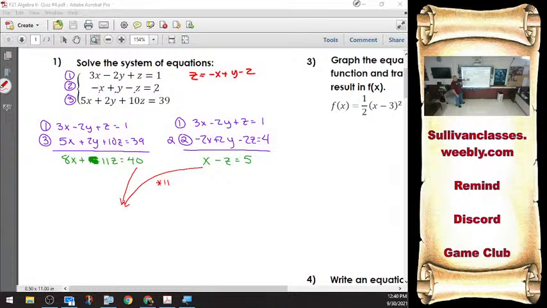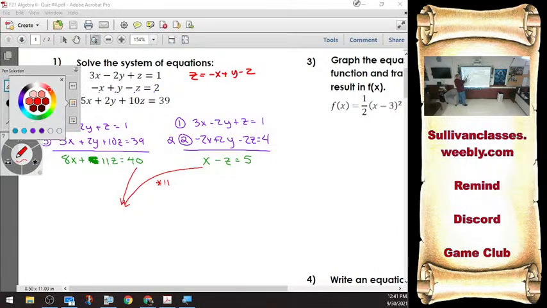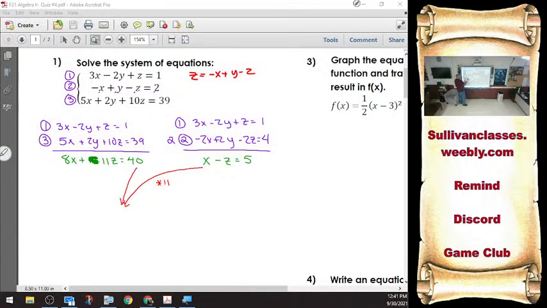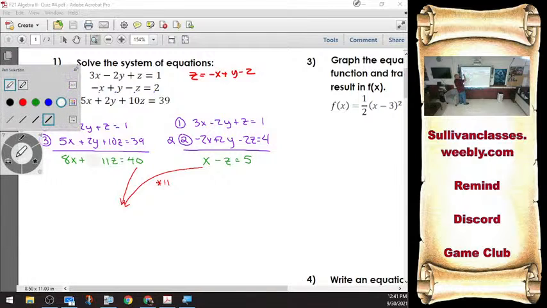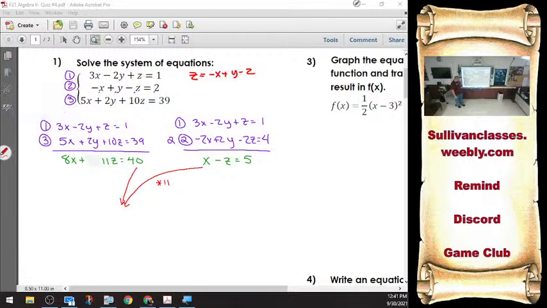I could, but I'll have a fraction. If this had been, I was originally thinking 12z for some reason, then I would definitely divide that line by 4 because you want smaller numbers.